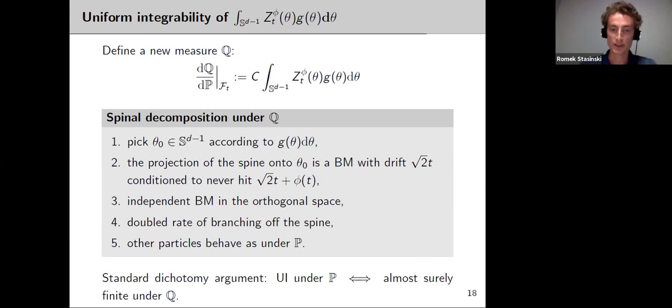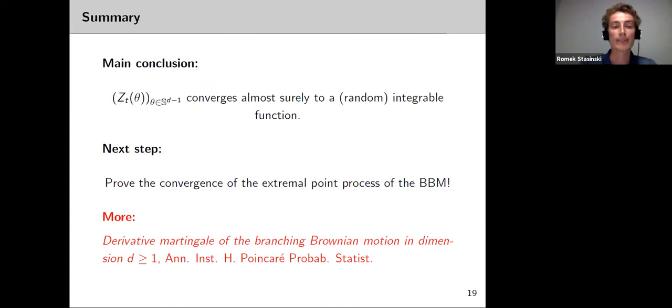Okay. So with this description, we use a standard dichotomy argument. Instead of proving that our martingale of interest is uniformly integrable under P, we show that this same martingale is almost surely finite under Q. Okay, so the conclusion is that we proved that the derivative martingale, seen as a process on the sphere, converges almost surely to a random integrable function.